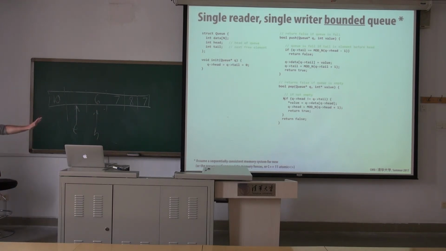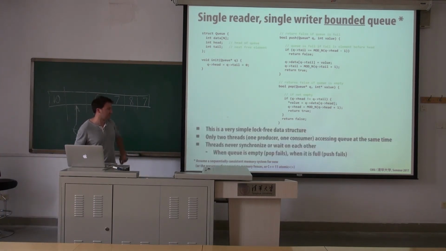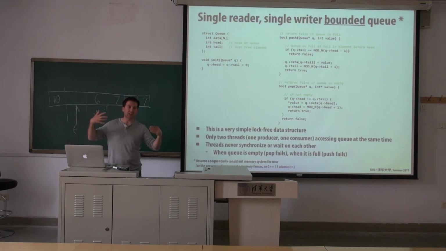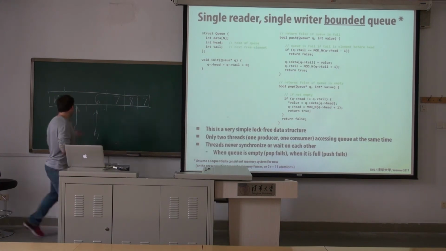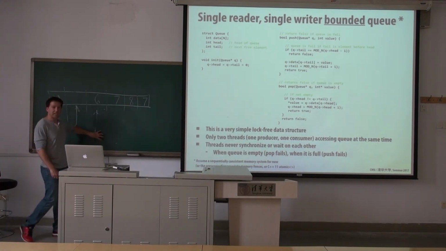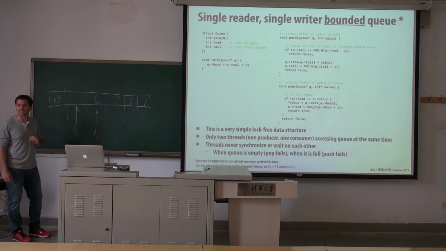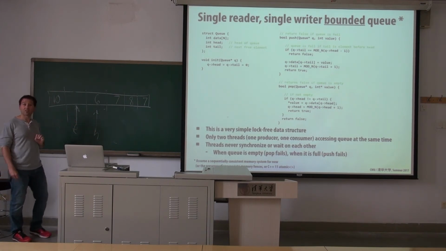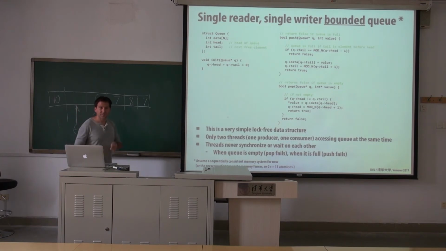So this is a very simple thread-safe, but lock-free queue implementation that works exactly only if there's 2 threads, and one thread is doing all the pushing and one only popping. So it's a very simple data structure, only 2 threads, and the threads never have to wait or synchronize with each other because I've carefully crafted my data structure so that one thread only touches head and the other thread only touches tail. No locks. Pretty fun.